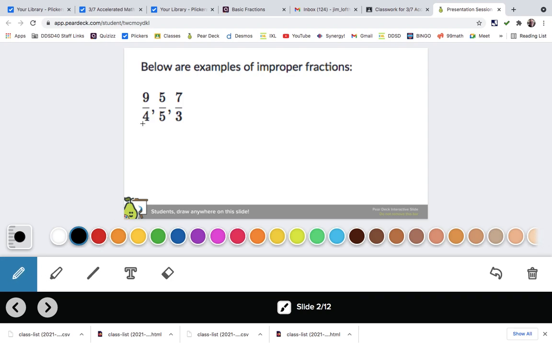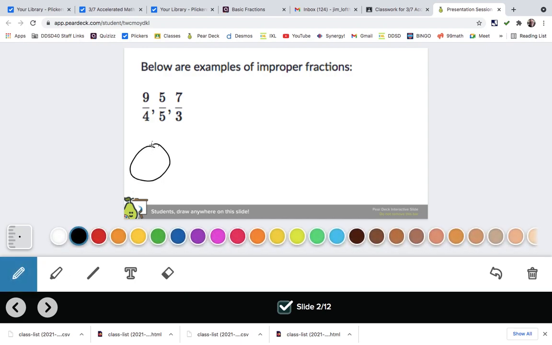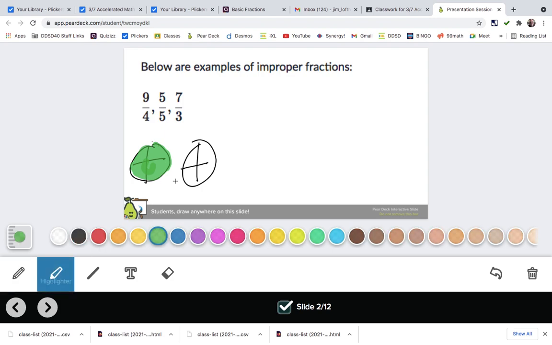So I'm going to focus in on the fourth part here and make a circle. Whoops, I'm going to make my pencil much smaller. There we go. All right, so if I make a circle and I cut this into fourths, and I shade that completely, that's 4 of the fourths that we need. We need 9 of them though. So I need to go back, do another whole, shade more of them. So that is 8 out of the 9 that I need.